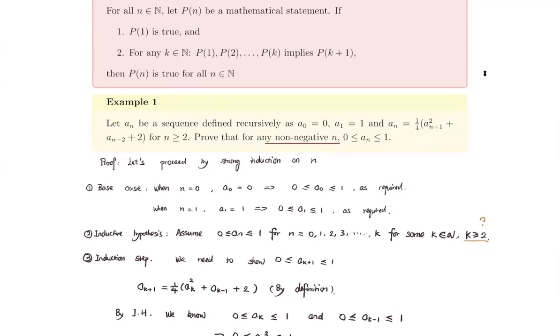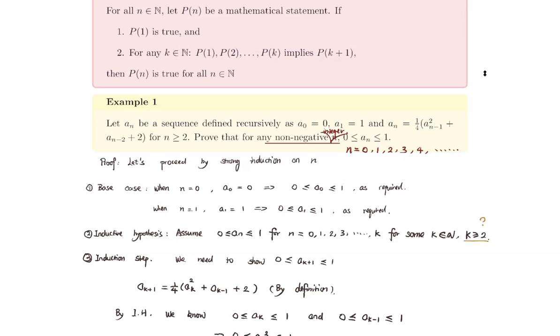Non-negative integer n. I think I forgot to put the integer here. Because you want to prove for any non-negative integer n, which means your n starts with 0. So your n starts with 0, 1, 2, 3, 4, and so on. Which means you definitely need to check when n equals 0. Does that make sense? Why you need to check n equals 0? So your base case, you check the first term or more terms.